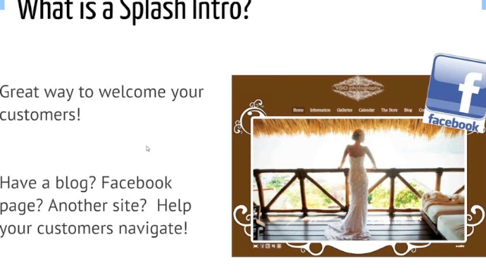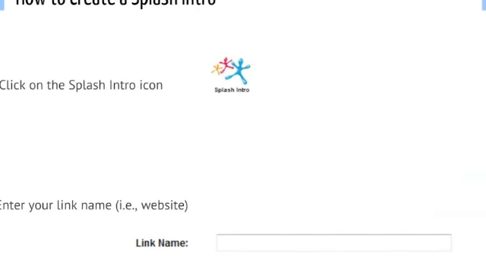This is a fantastic way for your customers to come to one domain name, see all the different places they can go in regards to you and your company, and navigate quickly to where they need to go. So let's talk about how you can build a splash intro with your PhotoBiz Flash or HTML website.